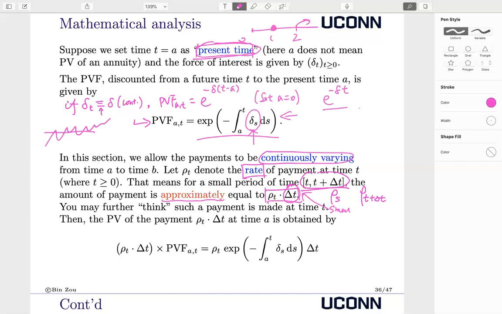And here we will apply a quite smooth function for rho t. So let's say this is the function of rho, somehow increasing. Let's draw a timeline here. Here is t, here's t plus delta t.